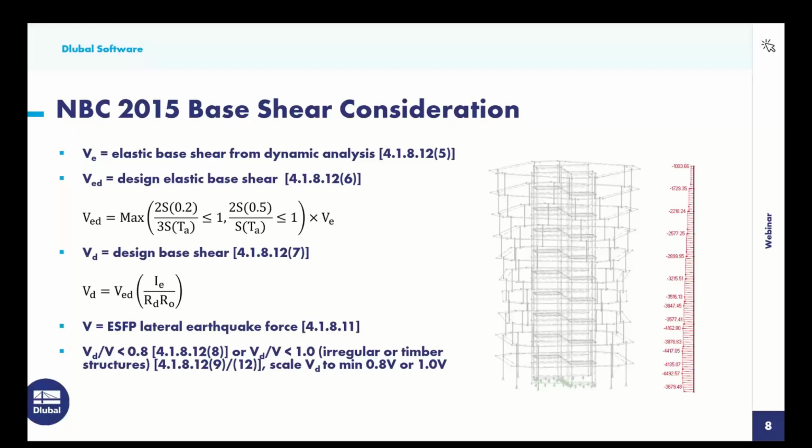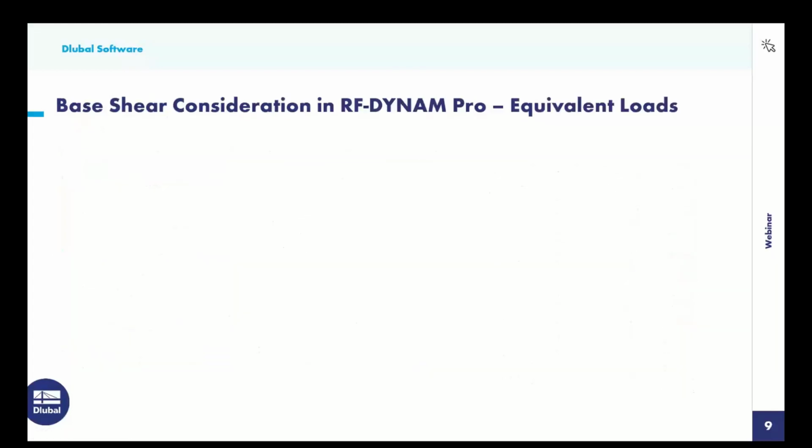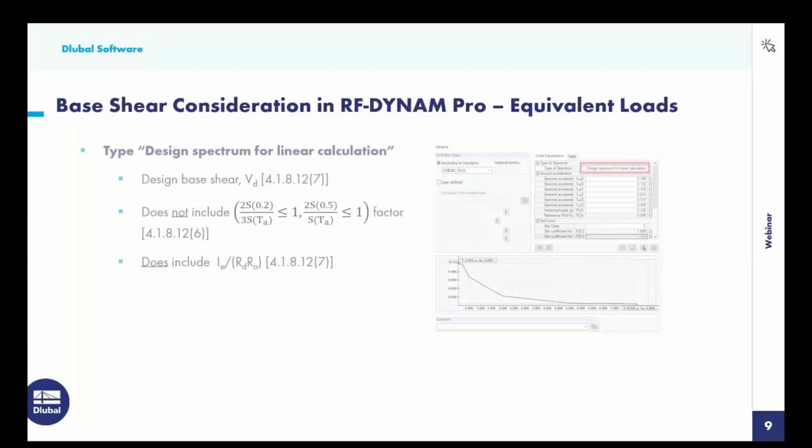So like I said, the question is, we were just previously looking at base shear within the program, and we might be wondering, which base shear out of all of these different variables is the program giving us? So I'd like to clarify that now. So base shear consideration according to RF-DYNAM Pro equivalent loads. Well, if you remember way back when, and I said this is a very important topic, we chose the type of spectrum in the add-on module to design spectrum for linear calculation.